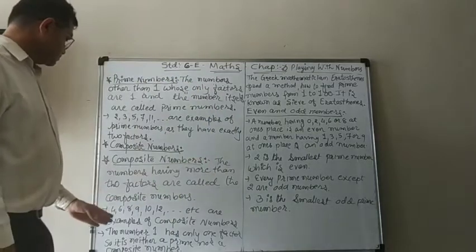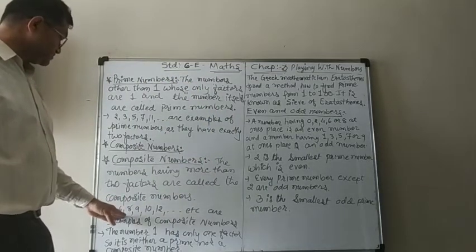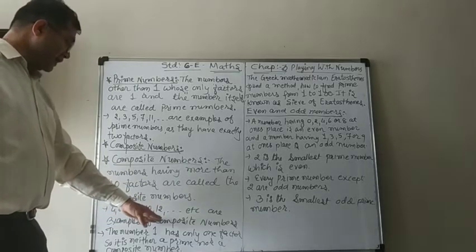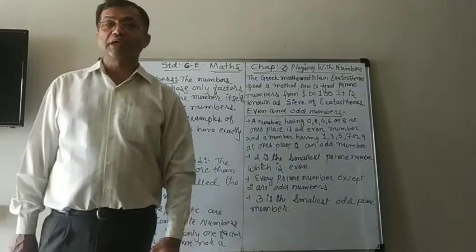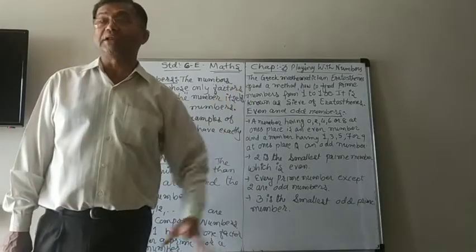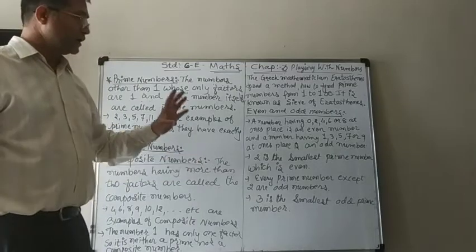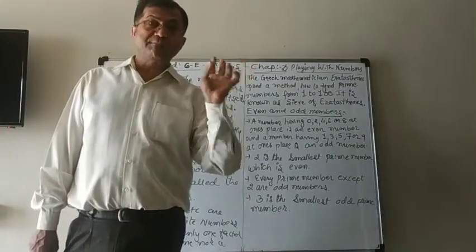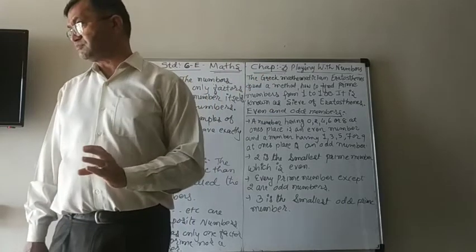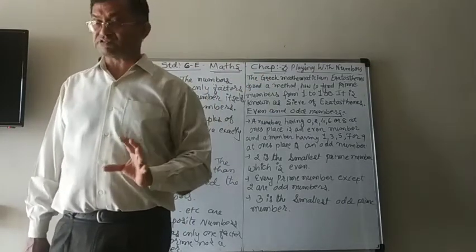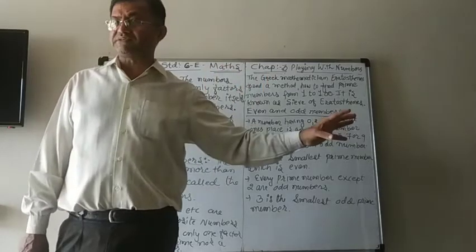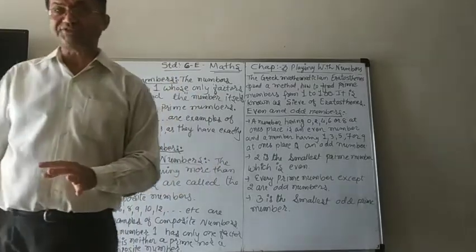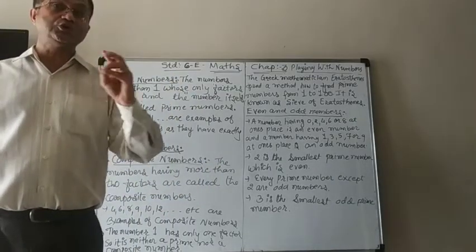So the numbers 4, 6, 8, 9, 10, 12 and so on are composite numbers. Now you have in mind the difference between prime and composite numbers: the number of factors. Prime numbers have only 2 factors. Composite numbers have more than 2 factors.